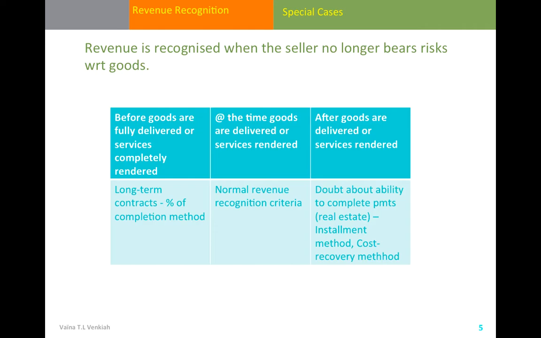Okay, so what are long-term contracts? It's a contract that spans a number of accounting periods that raises issues in determining when the transaction has been completed and revenue recognition should occur. Okay, so it will use the percentage of completion method.